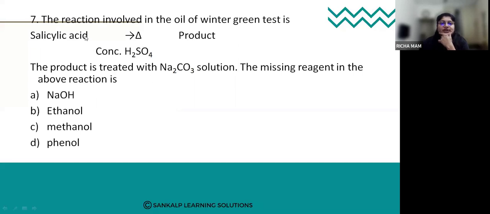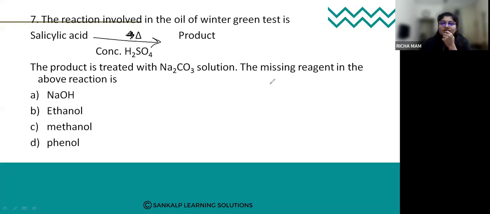Next reaction. The reaction involved in the oil of wintergreen test is: salicylic acid is heated in the presence of concentrated H2SO4 to give a product, and this product is further treated with sodium carbonate solution.